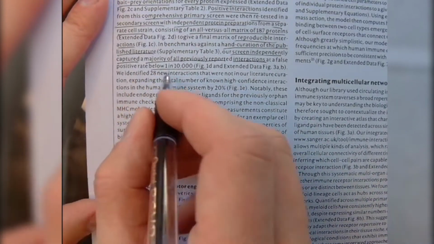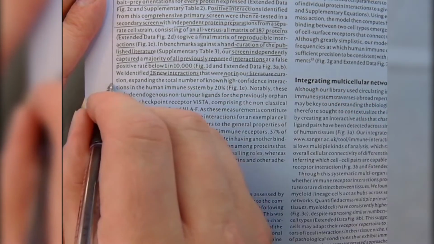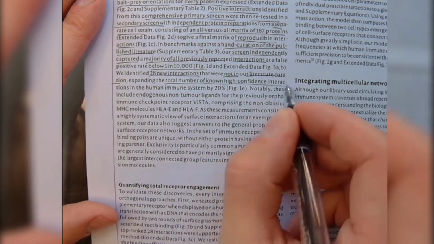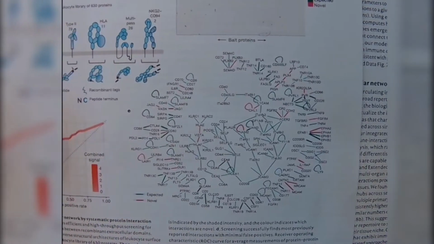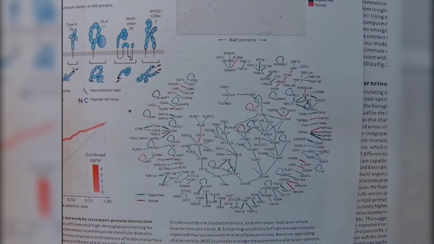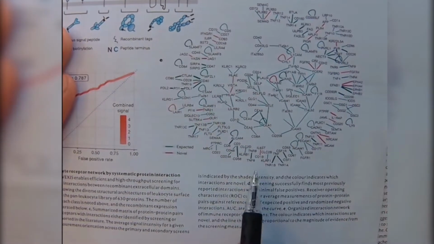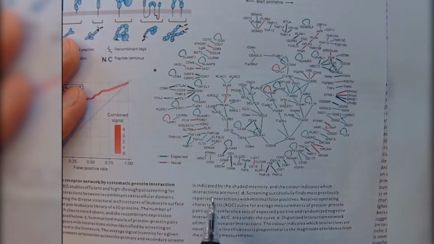Now, we identified 28 new interactions that were not in our literature curation, expanding the total number of known high-confidence interactions in the human immune system by 20%, shown here in Figure 2E. Now, in Figure 2E, you can see all of these expected interactions are in green, while the novel interactions are in pink.